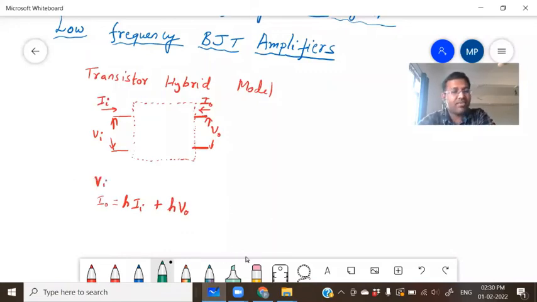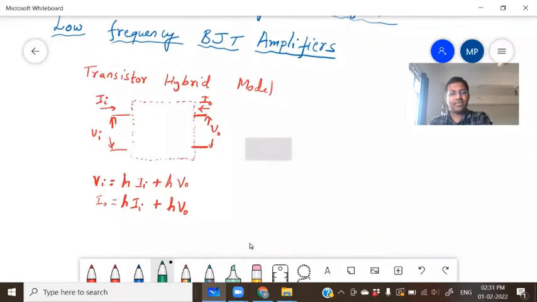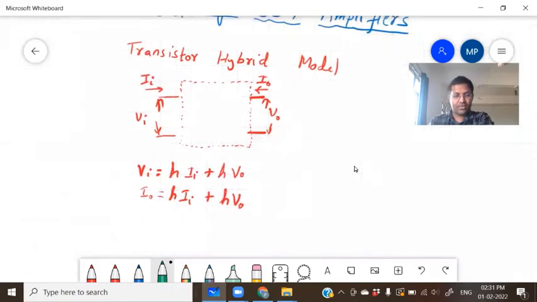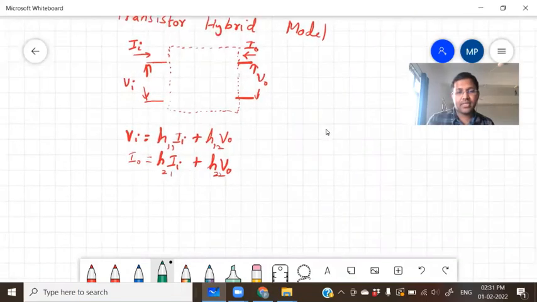In all 4 places I have taken the proportionality constant as H, but we have to take different proportionality constants. So I will call them H11, H12, H21, H22, like a mathematical matrix.